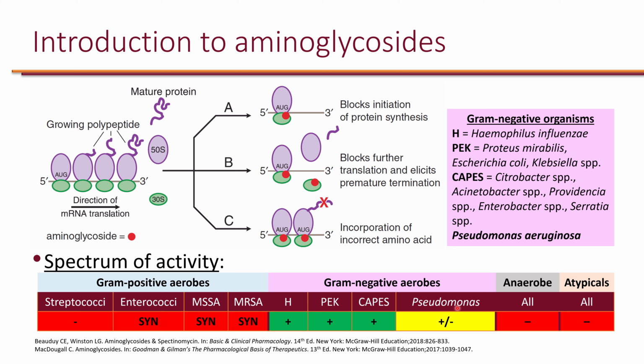Now with Pseudomonas, I have put a plus minus because really the anti-pseudomonal aminoglycosides are tobramycin and plazomicin, and I'll talk more about the anti-pseudomonal activity of aminoglycosides shortly. And they do not have activity against any anaerobes or atypical bacteria.